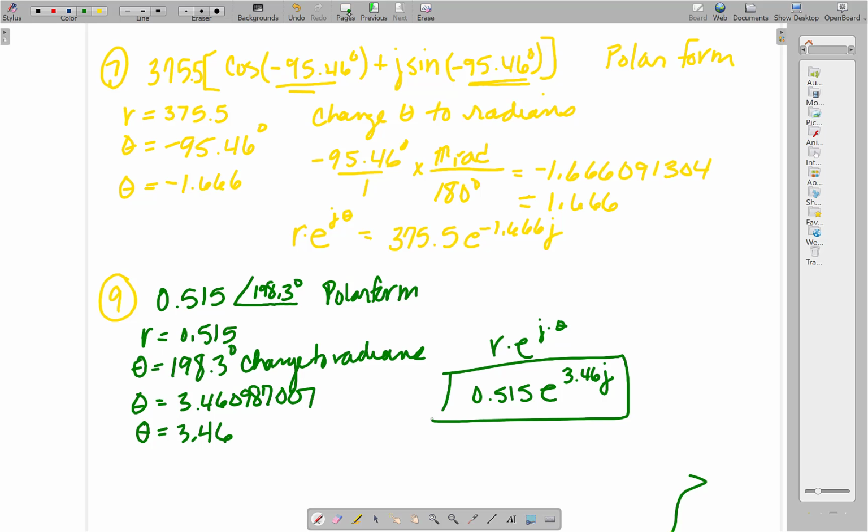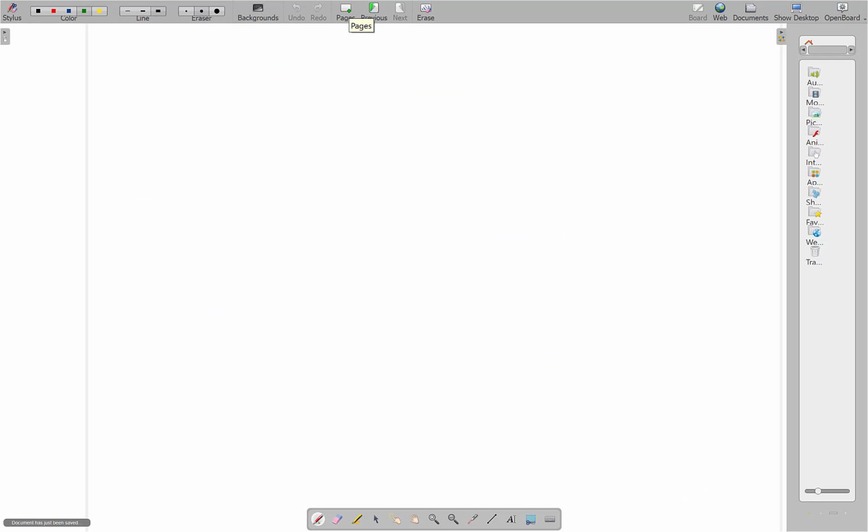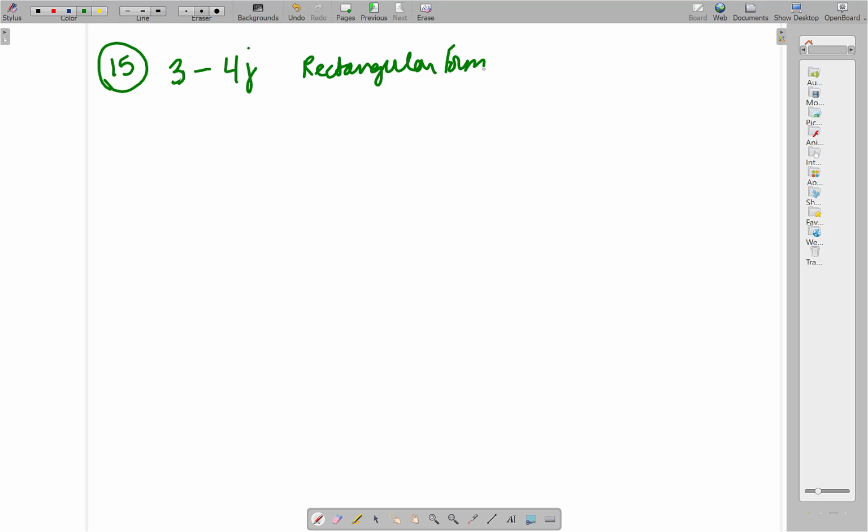Okay, let's try one more. Number 15 lists 3 minus 4j. What form is this in? This is in rectangular form, and we need to change it to exponential form.